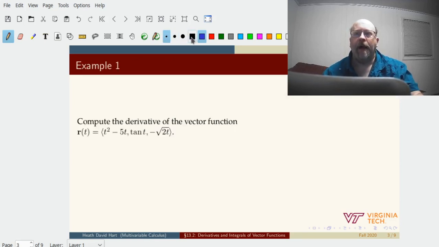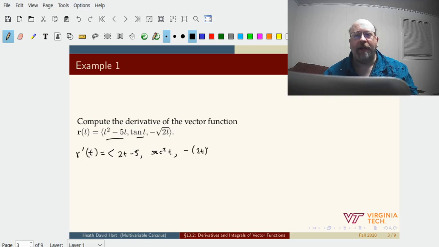I want to compute the derivative of this function here. So I take the derivative of the first part, and I get 2t minus 5. Then I take the derivative of the tangent part, and I get secant squared of t. The third part is a little bit tricky. I have to take the derivative using the chain rule.